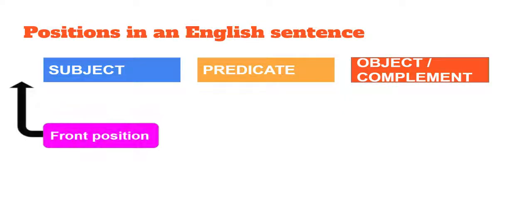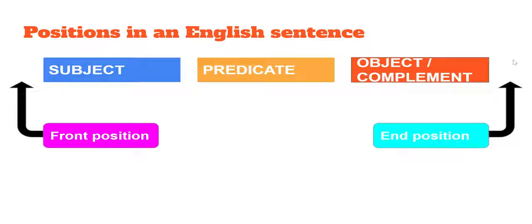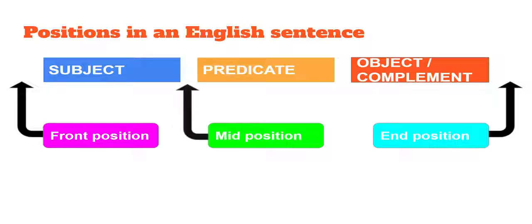So first of all, there's front position, which is all the space in front of the subject. And there is end position, which means all the space behind the last object or the last complement in a sentence. And last but not least, there is, you might already have guessed it, mid position. Mid position normally occupies the space between subject and predicate.